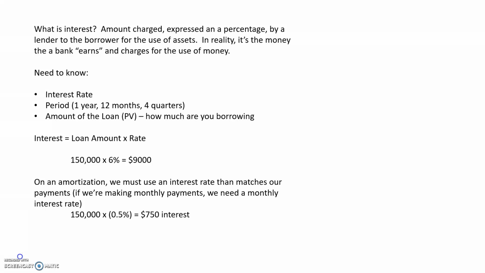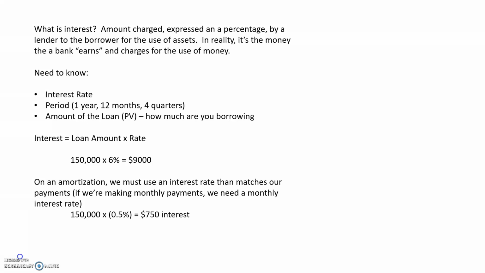In reality, it's the money that a bank earns and charges for the use of their money. We don't have money to go buy a machine. We need to use their money. So they allow us to use their money, but they charge us a fee. In essence, interest is just the fee they're charging to use their money.